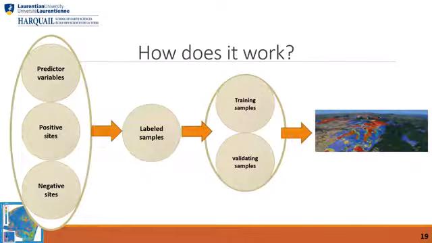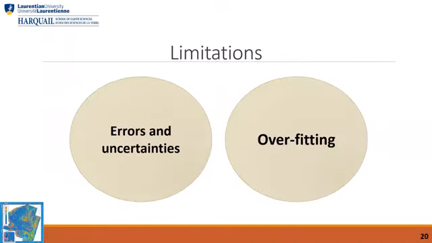Then after defining labeled samples, as I mentioned before, we should split them, develop our model and calibrate it, and then use it to predict our unseen data sets and develop predictive models of mineral prospectivity.